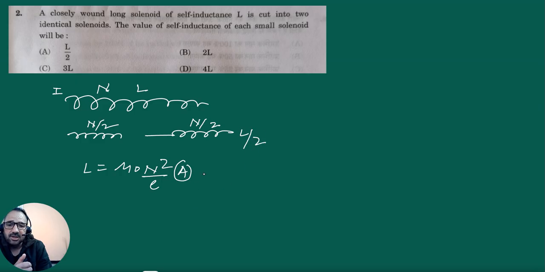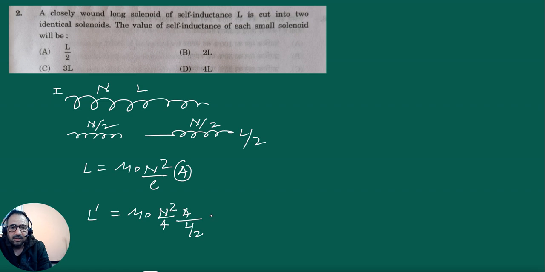So this is the original, I can write L. What is the new self-inductance? Let this be L dash. Mu naught is same here. Number of turns becomes n by 2. If you make the square, it becomes n square by 4. Into area of cross section is same, and length becomes L by 2.